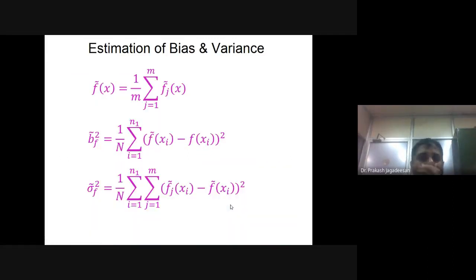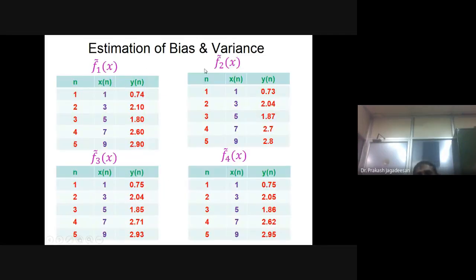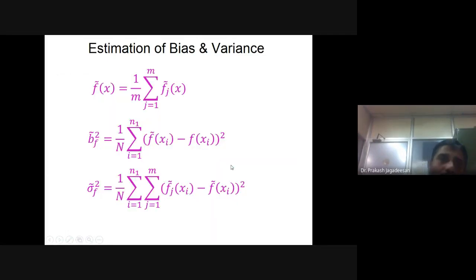And then I'll find the bias and variance using this relationship. You can compute f tilde using this f1 tilde, f2 tilde, f3 tilde, and f4 tilde. Once you have this f tilde, and the true function, because in simulation you know the true value of f of x, you can estimate the bias as well as the variance. I'm assuming that I know the exact relationship between input and output.